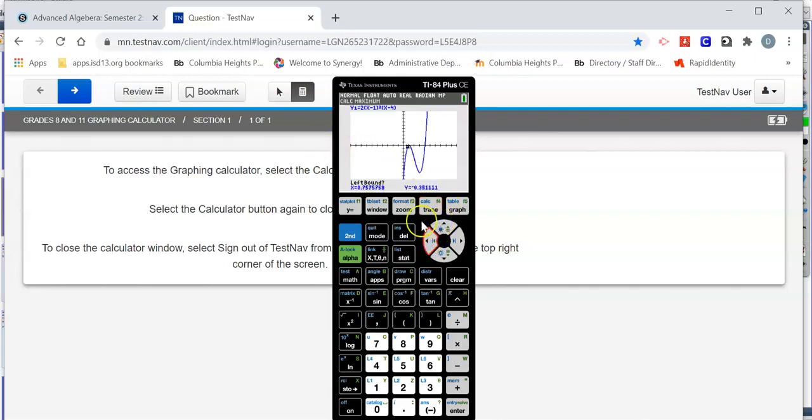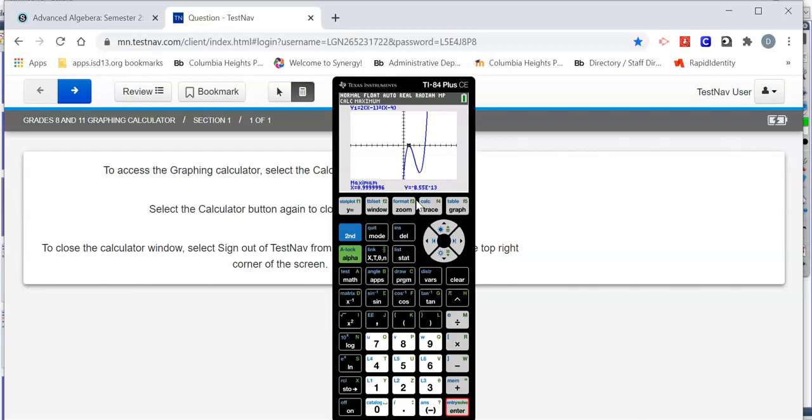And then for the left bound, you want it to be lower than your maximum on the left-hand side of the maximum, but you want it to be close, so I'm going to hit enter. And then I'm going to scroll over until it looks like the cursor is going back down. And I'm going to hit enter because now it does look like it's going back down. And then hit enter one more time to estimate the local maximum.